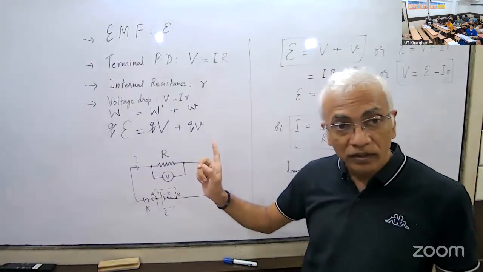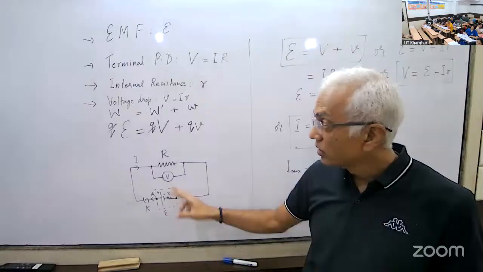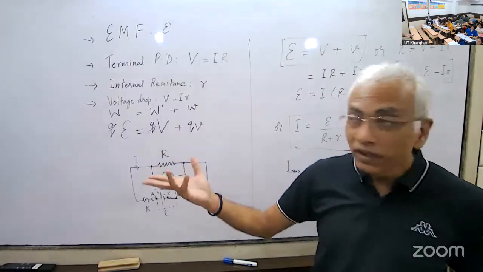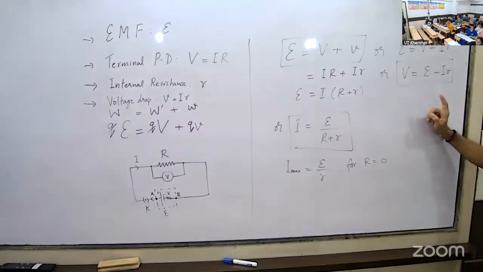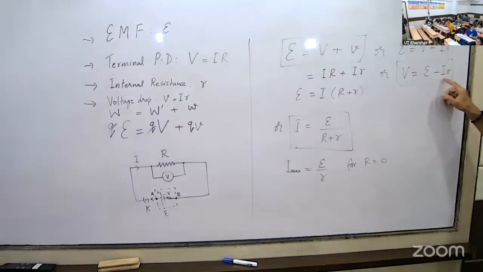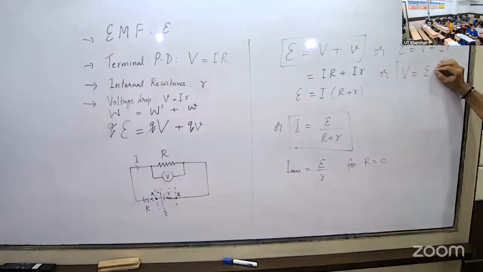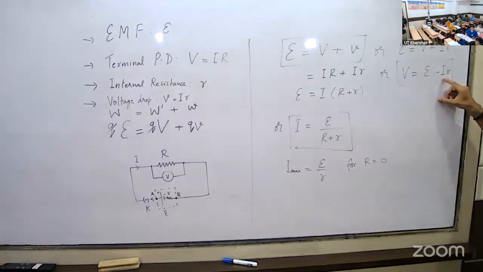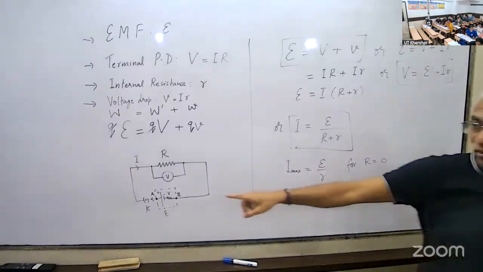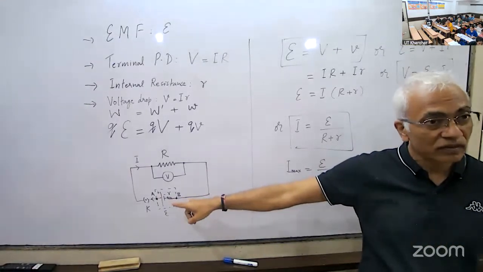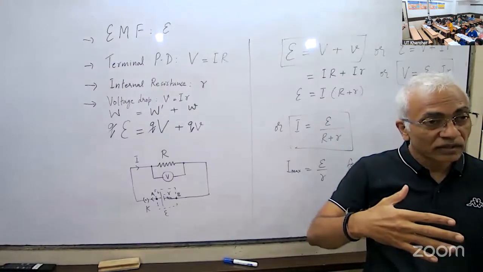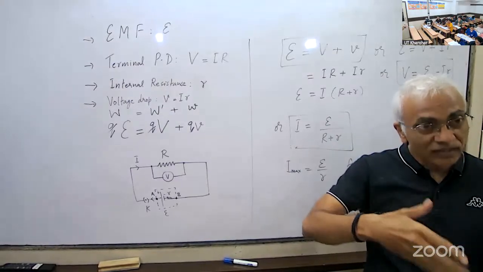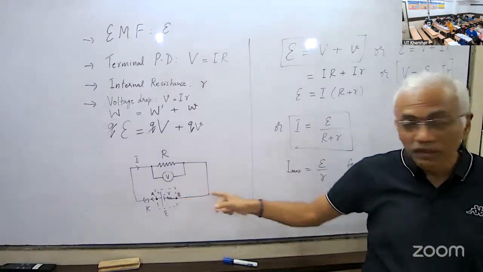Obviously V has to be less than E, because when current is zero, V becomes equal to E. When current is non-zero, some of the energy is consumed by the cell itself in overcoming the resistance of the electrolyte. Some work is lost inside the cell, so that is not available for external work.